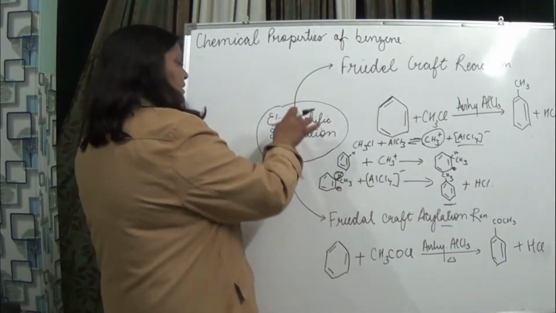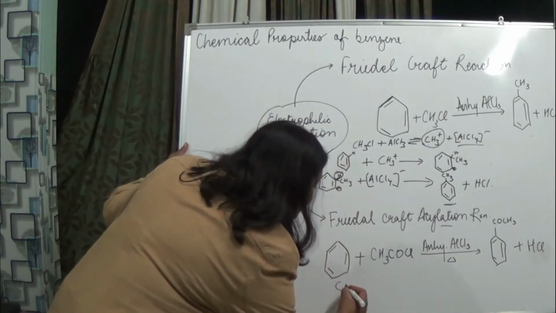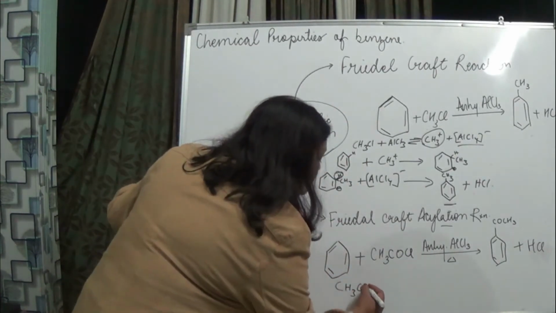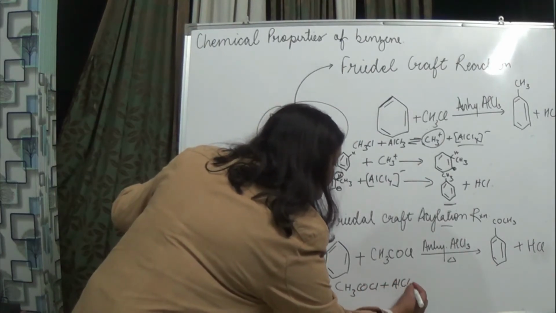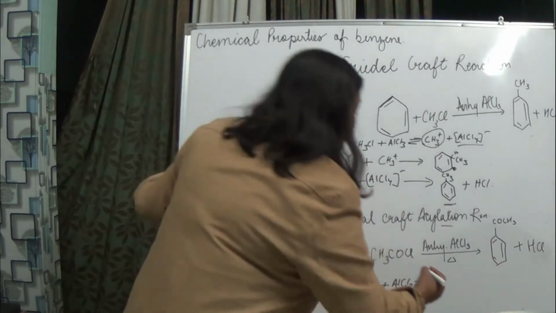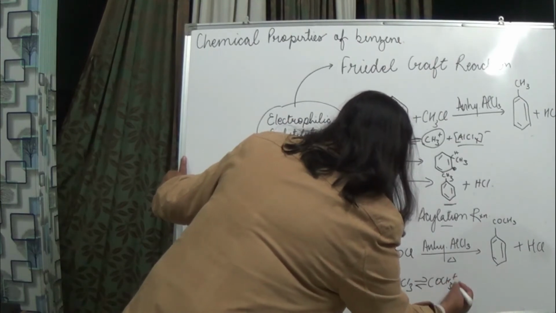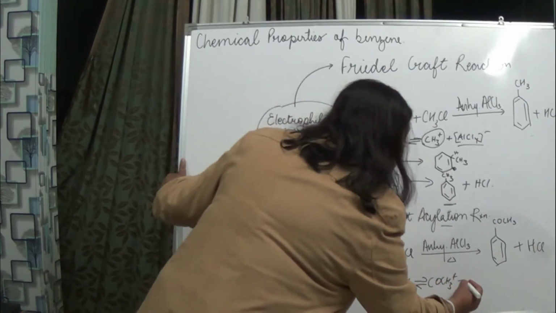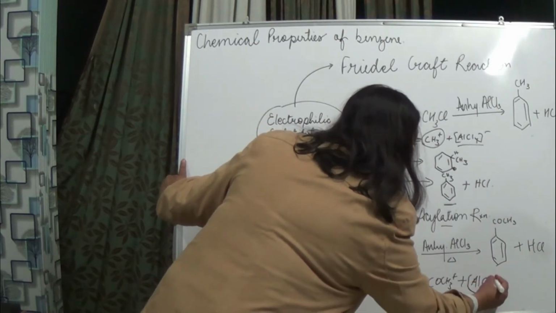This is also an electrophilic substitution reaction. Actually this CH3COCl plus AlCl3 react to generate the electrophile, that is COCH3 plus, and, as earlier, AlCl4 minus is formed.